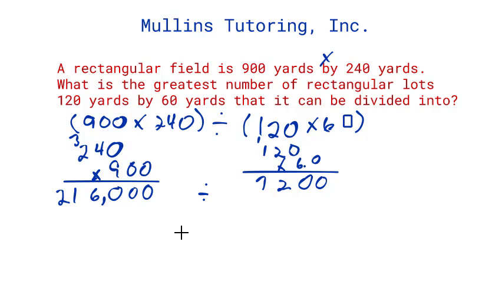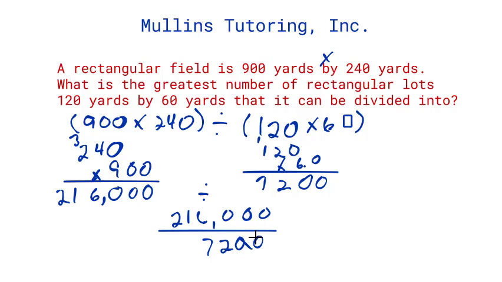So I'm going to put this actually in fraction form first, because fractions are just another way to show division. The first thing I'm going to do is I have 2 zeros in my denominator.